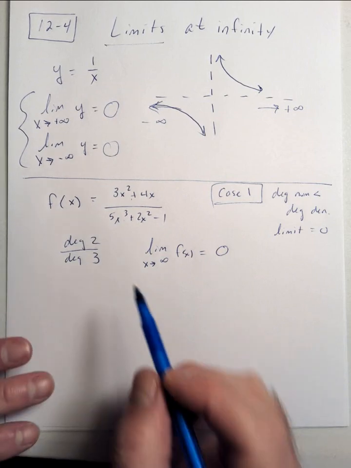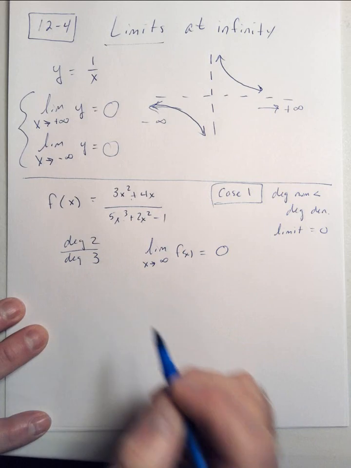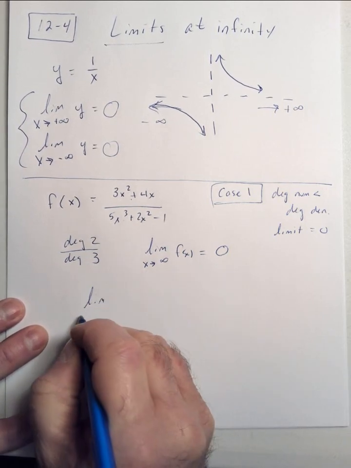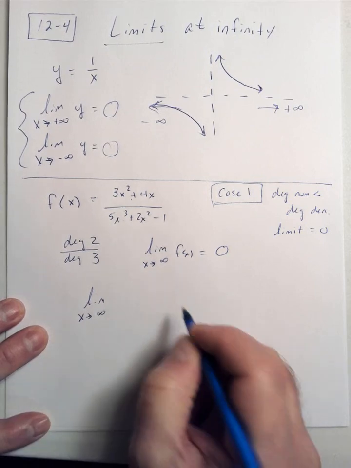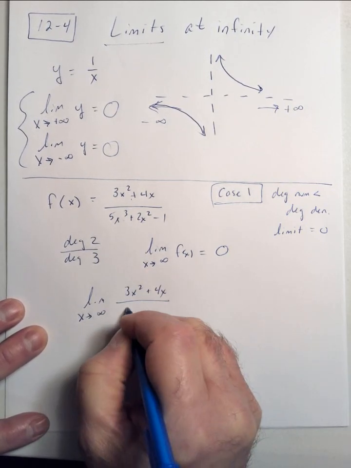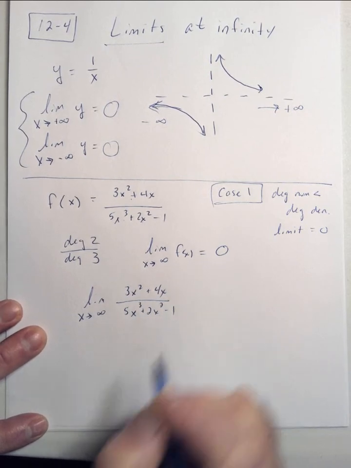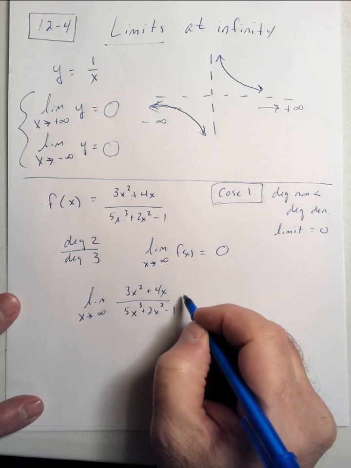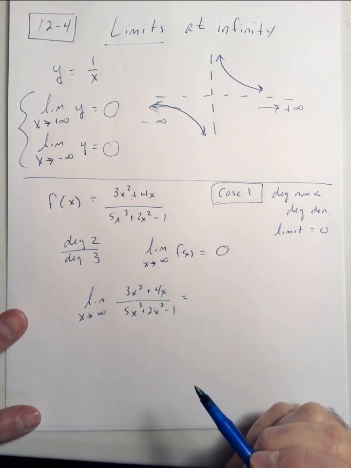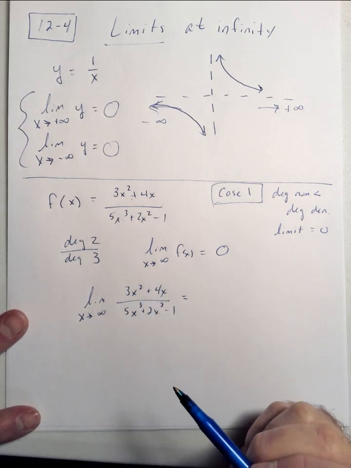Let's just take a look while we're doing this at what's really going on here. So I'm going to look at the limit as x approaches infinity of this particular function, so I can kind of show you numerically what's happening. I know I've done this in class, but just in case, I'm going to take this top numerator here and factor out an x squared.